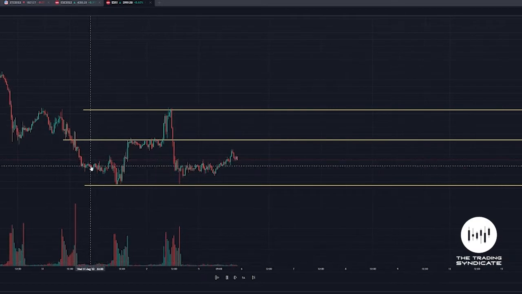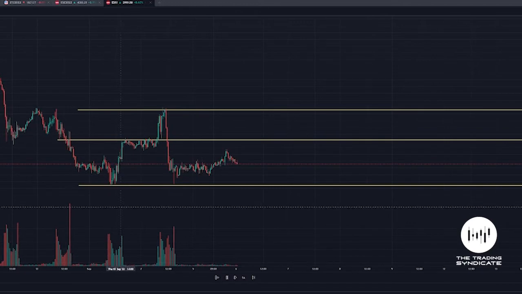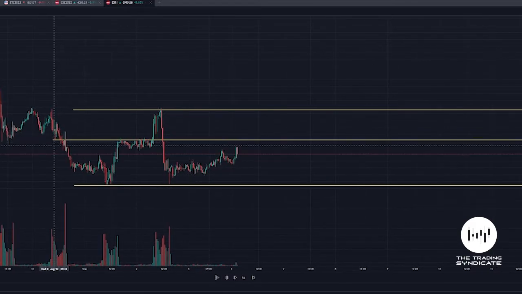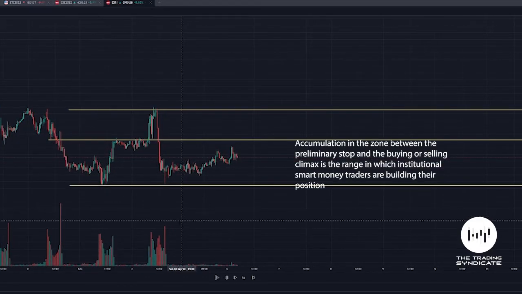Lower volume here in our areas of what we're guessing may be accumulation, as this is order collecting underneath what we now believe to be our preliminary stop and higher than our selling climax.